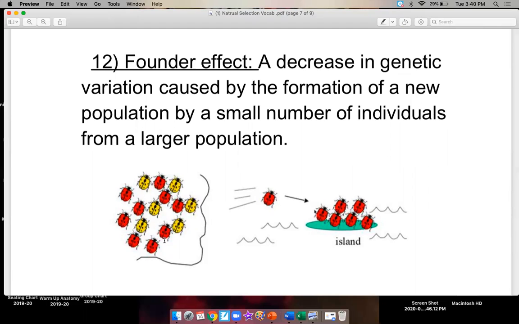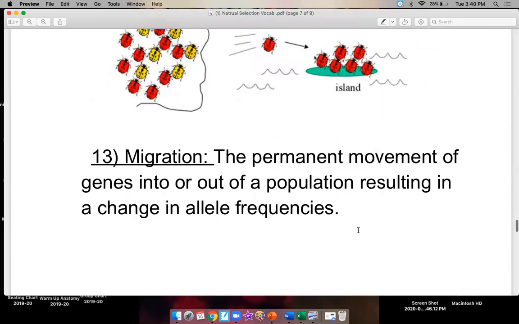We're just going to live there instead. And then we get a whole island of just red ladybugs. Right? The genetic variation is vastly different here than it is here because there are no yellow ones to reproduce and spread the genes. And that's the founder's effect. They found this island and made it their own.